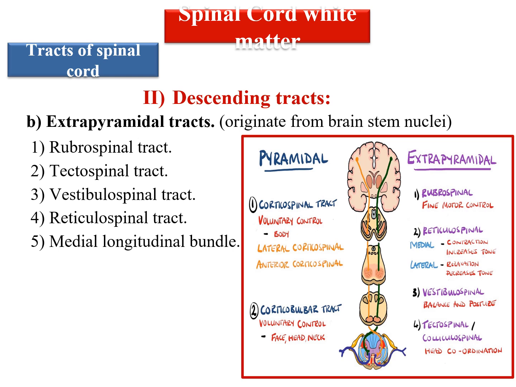Here on the diagram, which is a very nice diagram to demonstrate pyramidal and extrapyramidal tracts, the extrapyramidal on the right side are rubrospinal, reticulospinal, vestibulospinal, and tectospinal. Meanwhile, on the left side, the pyramidal are corticospinal and corticobulbar.